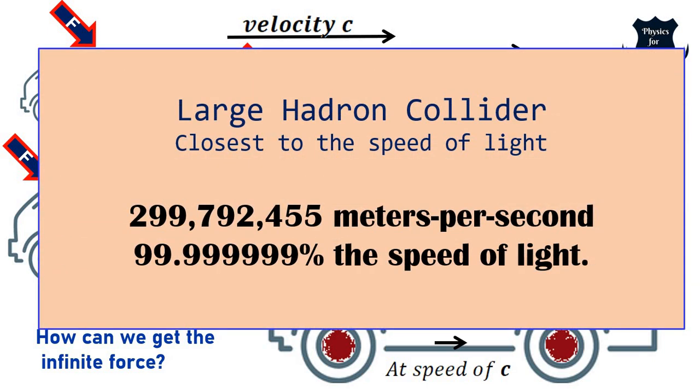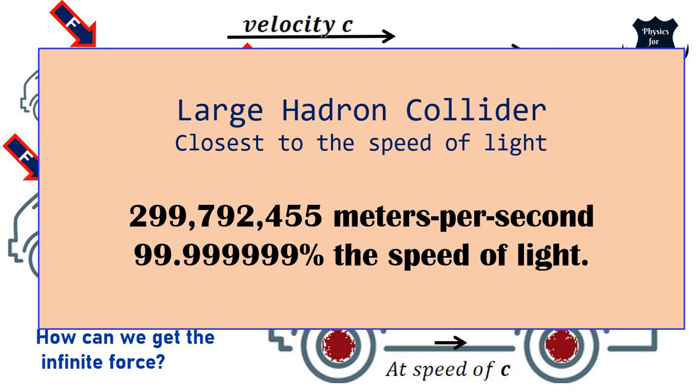Just a note: in recent research, at the Large Hadron Collider or the LHC, the particle has been accelerated closest to the speed of light, at 99.1234567...9999999% of the speed of light. So we can add more speed, but we are only going to get more 9s, 9, 9, 9, further to the right-hand side, and we cannot reach the speed of light.